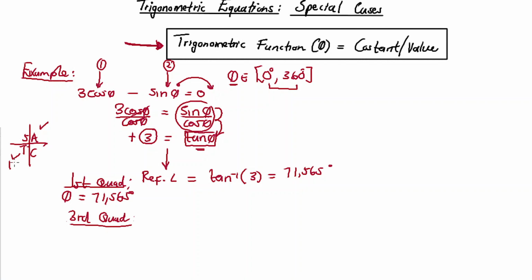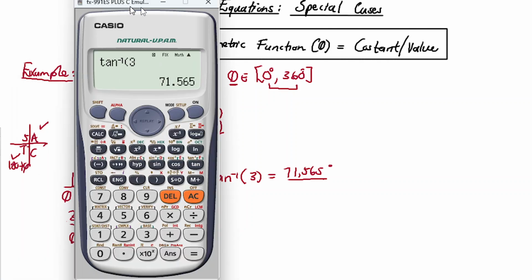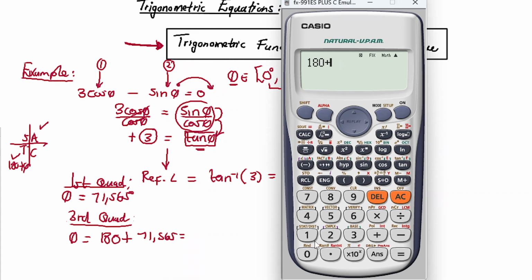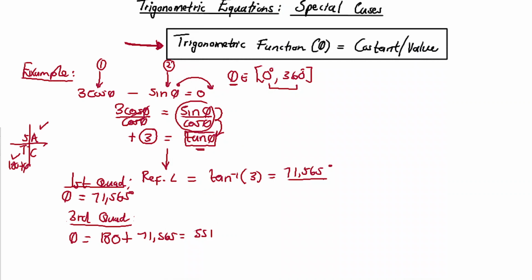It's 180 plus theta, so theta is equal to 180 plus 71.565. The answer is 251.565. So these are our solutions.